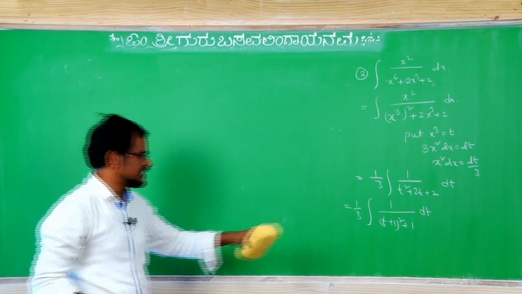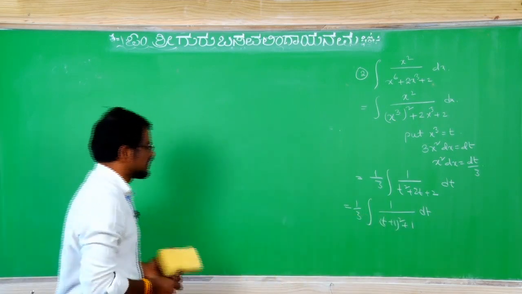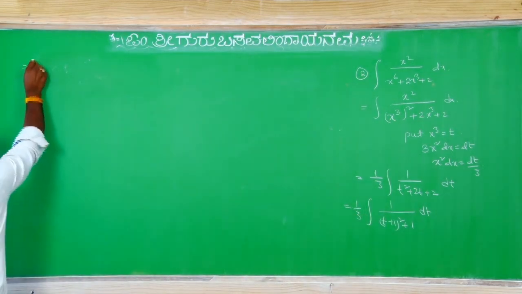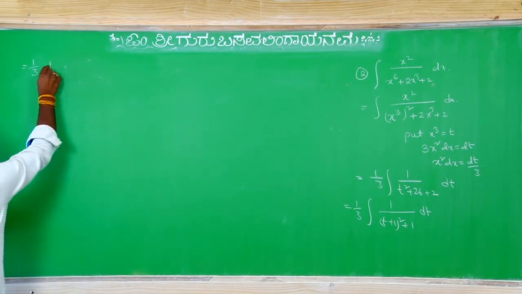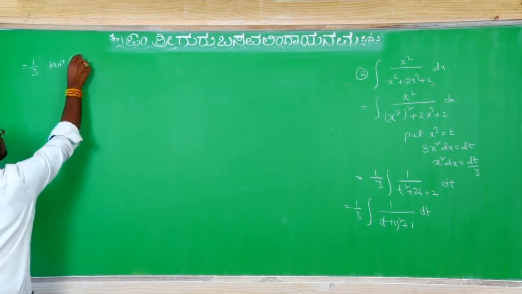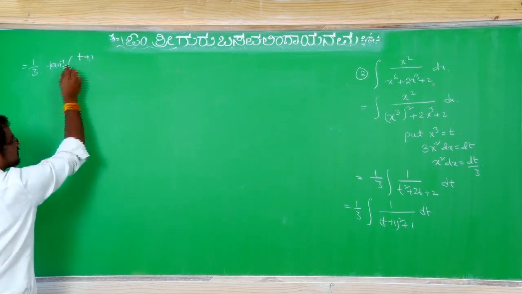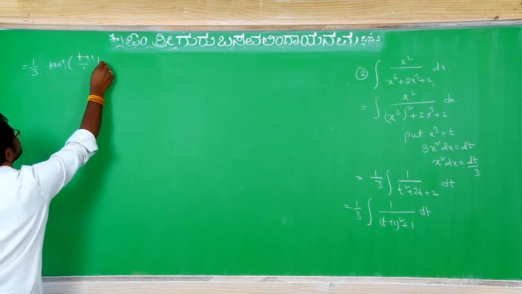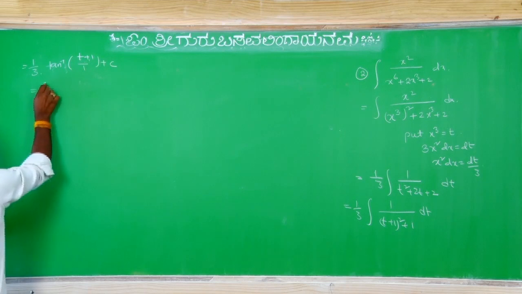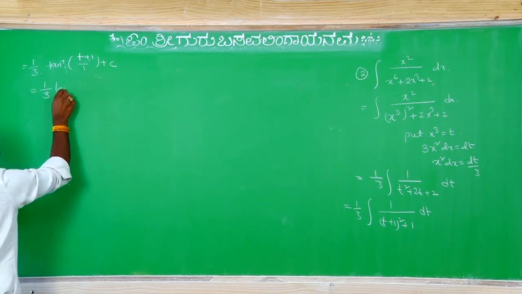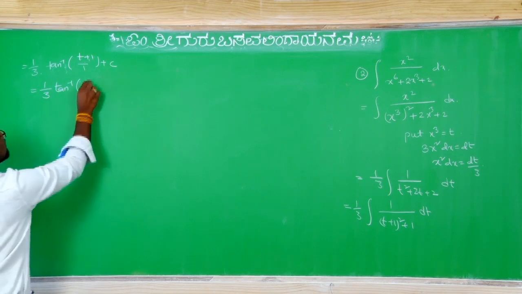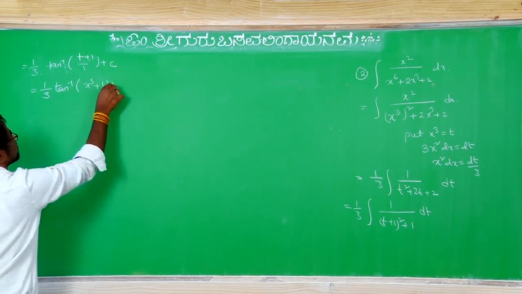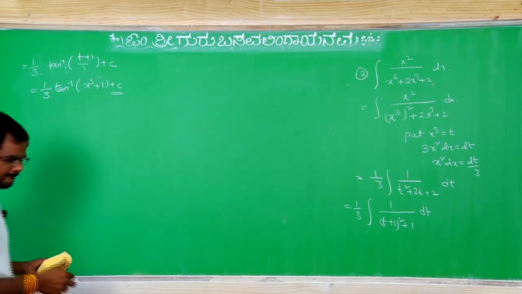Now 1 by a tan inverse of x by a form, that is equal to 1 by 3 tan inverse of t plus 1 by a plus c, that is equal to 1 by 3 tan inverse of x cube plus 1 plus c. This is our final.